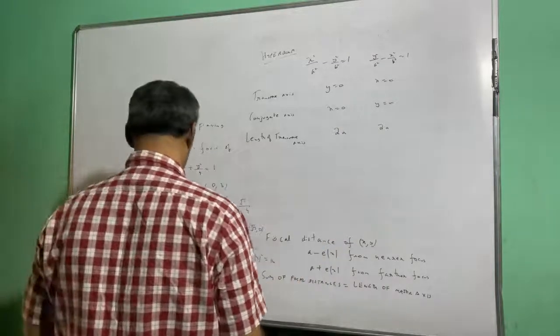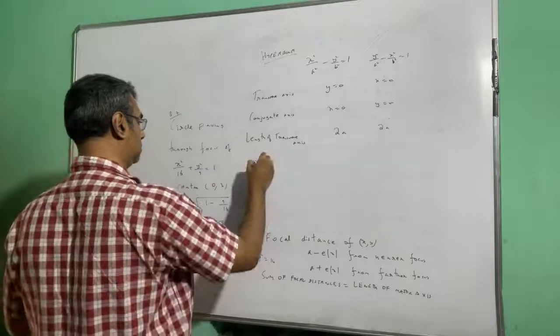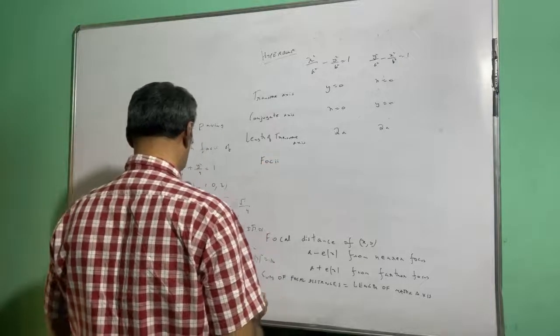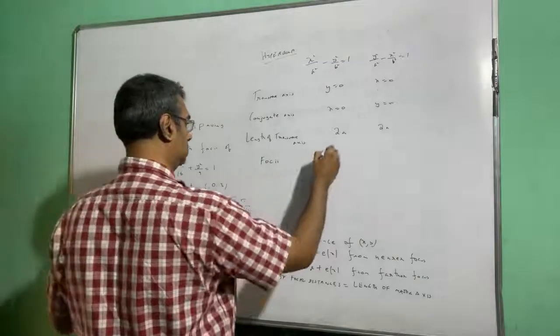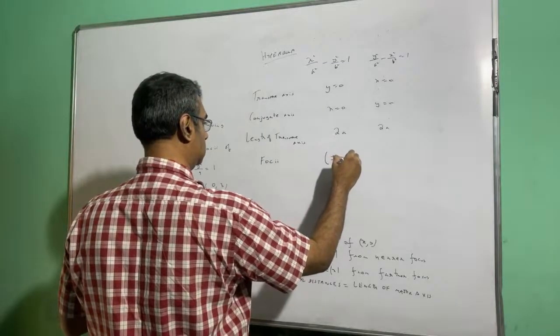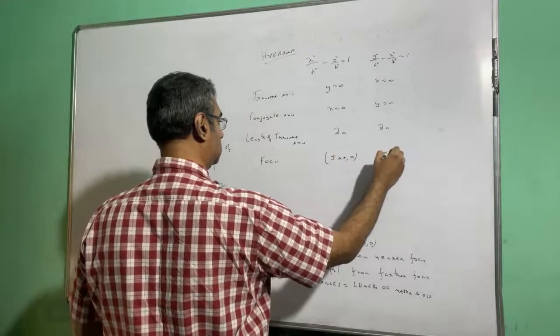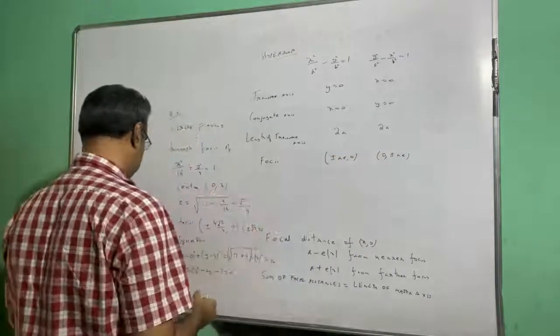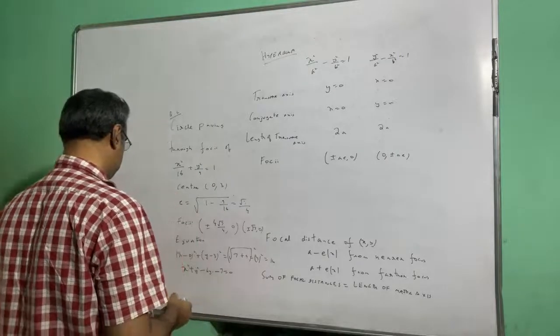Length of transverse axis is 2a. Foci plus minus a comma 0 and 0 comma plus minus a.